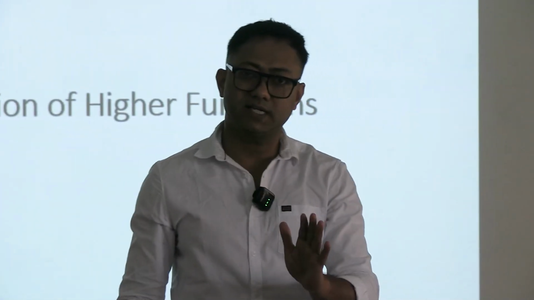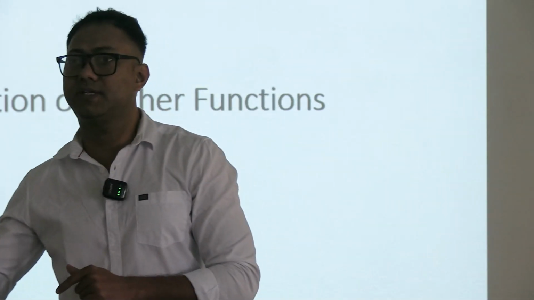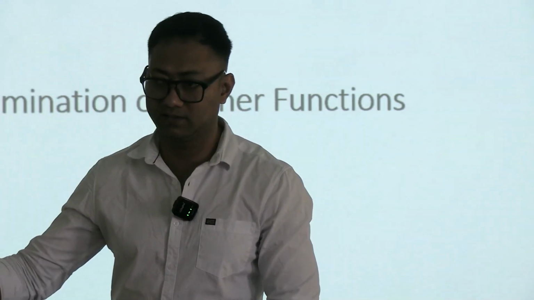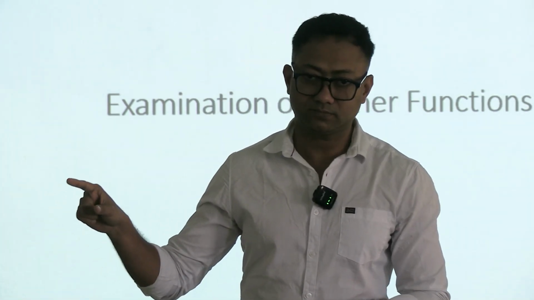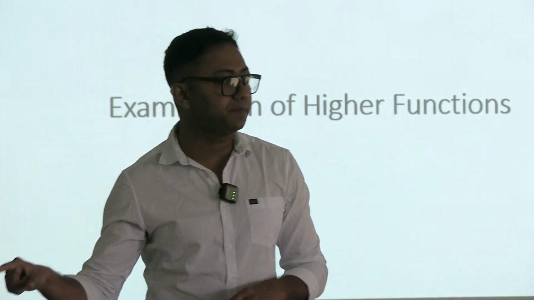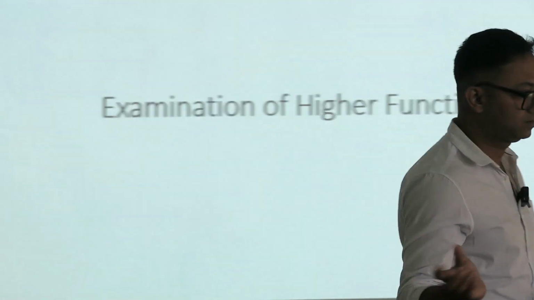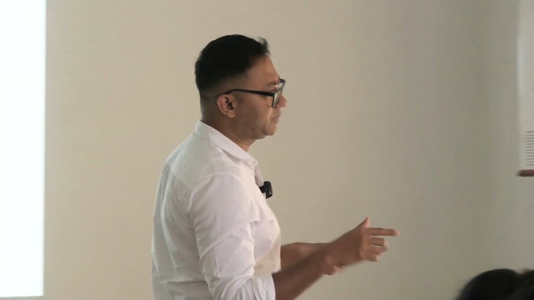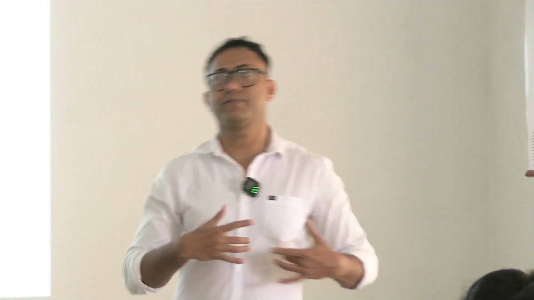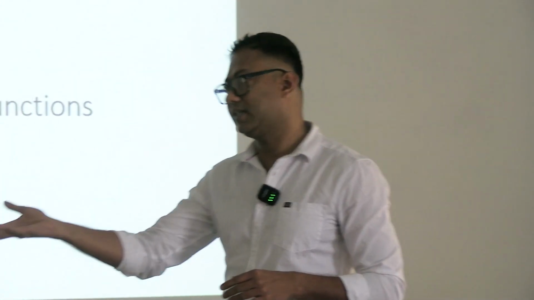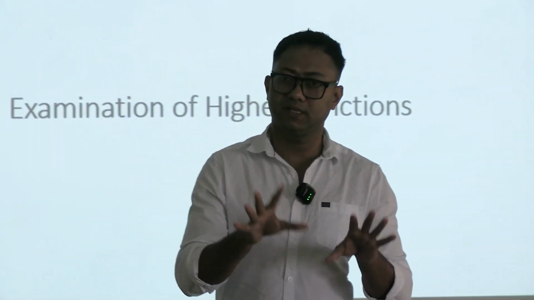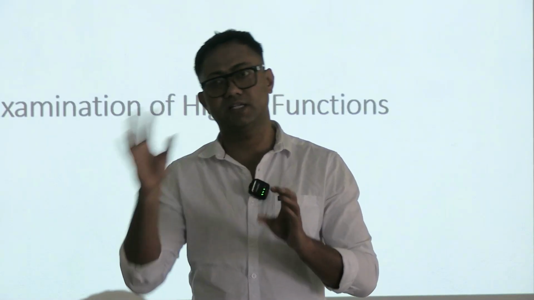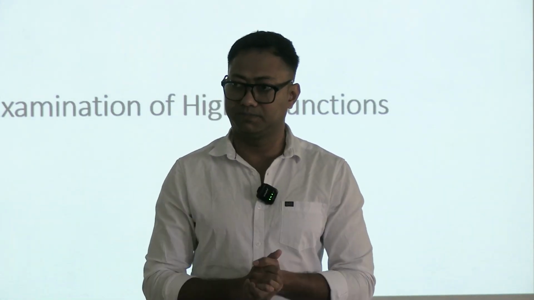History taking and general physical examination is for all, and for systemic examination you decide which system to examine depending on the symptomatology of the patient. According to the symptoms you decide which system to examine, and there may be multiple systems. For a patient complaining of respiratory distress, you examine both respiratory and cardiovascular systems, because respiratory distress may arise primarily from the respiratory system, and it may also arise from disturbance in the cardiovascular system.